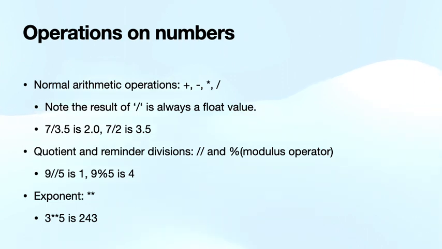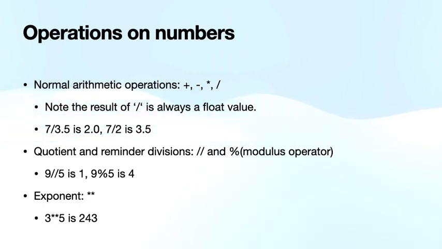And there is another operator here, the double slash, which is for floor division. It will give you the quotient in integer form, right? It is the same as the division operator, the single slash, but that gives you a float.